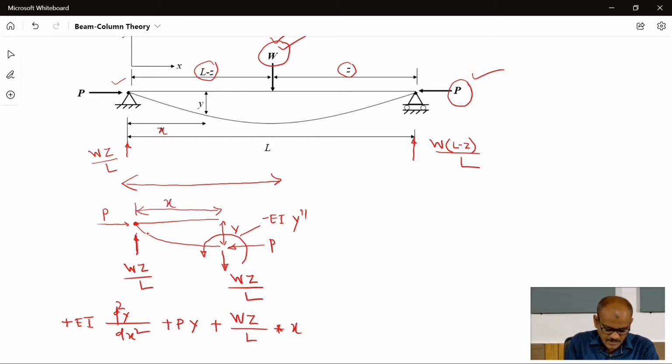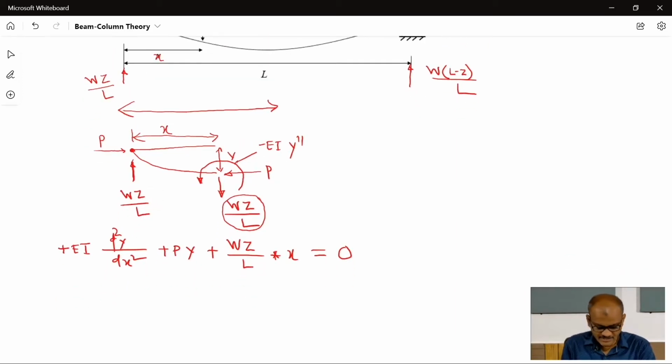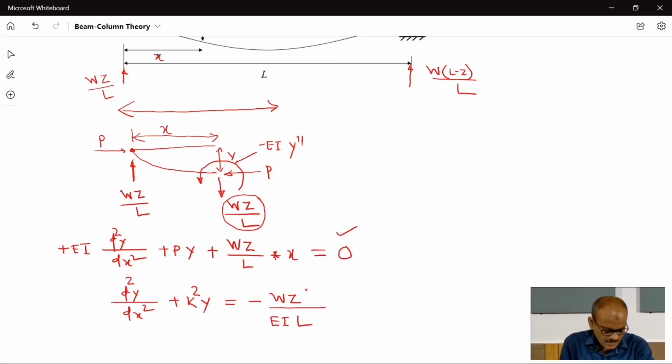Taking moment about this point, this load will create a clockwise moment, so everything I am writing in clockwise direction equals 0. This moment was anti-clockwise, so its sign was negative. So I made everything on the left side of the equation: d square y by dx square plus k square y is equal to minus Wz divided by EI into L multiplied by x.